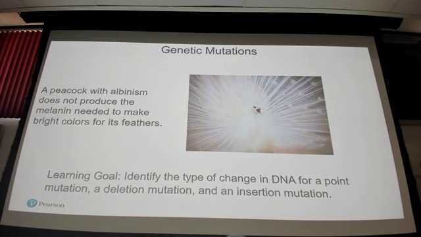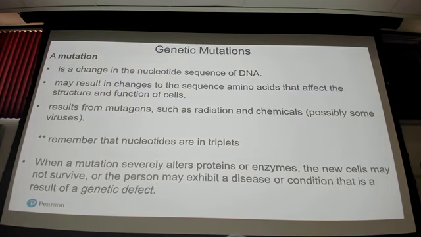When there's a genetic mutation in their DNA, they can have albinism, and we're going to talk about how that occurs. A mutation is a change in a DNA nucleotide sequence that may or may not result in a change in the protein that is made during the translation process.